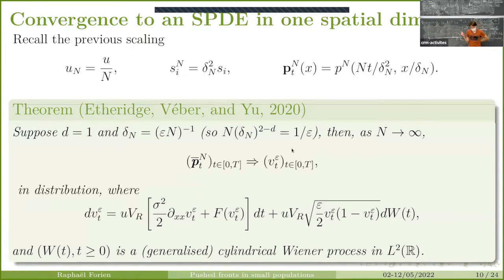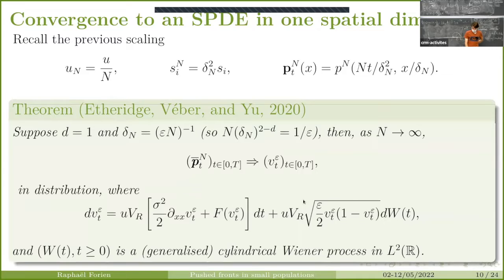In this case, if I let n tend to infinity, I get a different limit for my stochastic model. I get a limit v epsilon, which solves this stochastic partial differential equation, where if you remove the stochastic part here, you get the same equation as before.